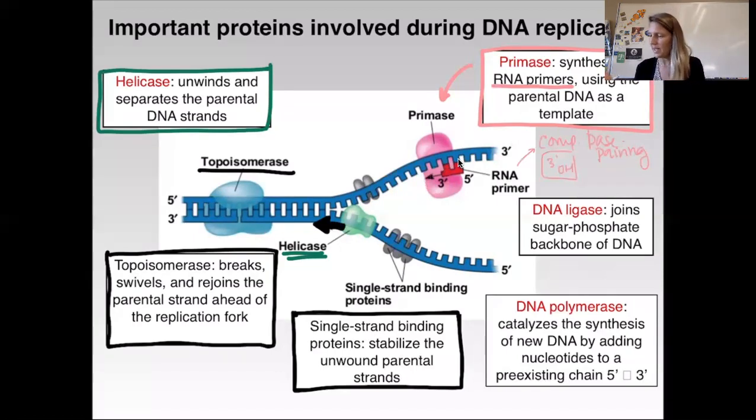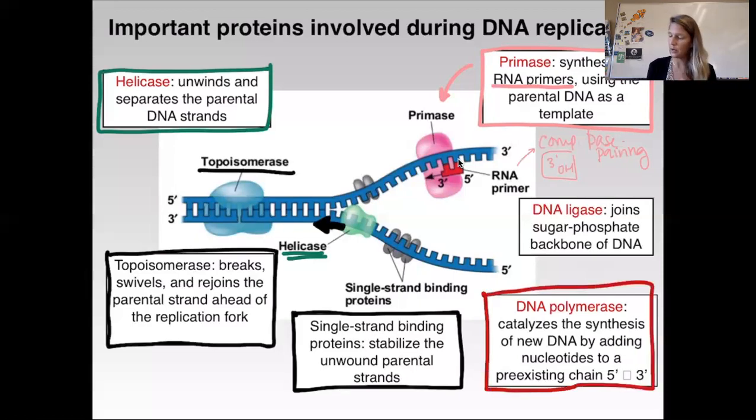Okay. Then we have what is called DNA polymerase. All right. That's not actually shown in this picture. The DNA polymerase is a big old molecule that is going to make all the new DNA by adding it to the 3' end. It reads the template strand, adds a complementary base, right?